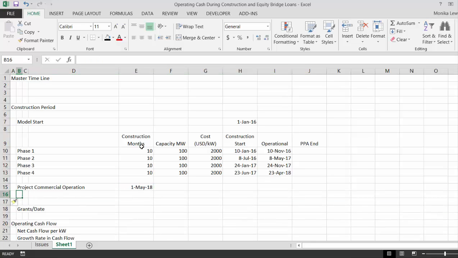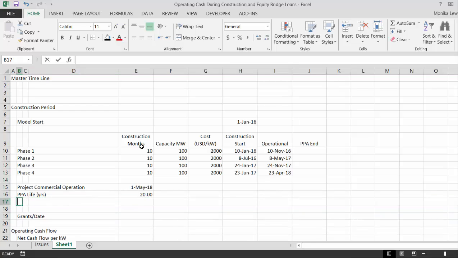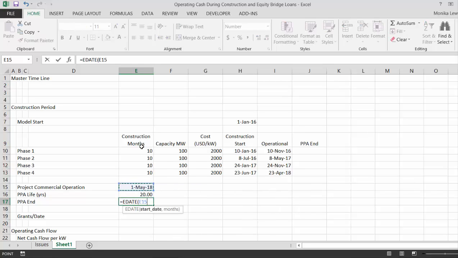And then let's put a PPA life. Let's say that's 20 years or something. I should put units in for all this. Shift Control 1, and then our PPA end is the date, this, times 12, and then we'll put the PPA date.